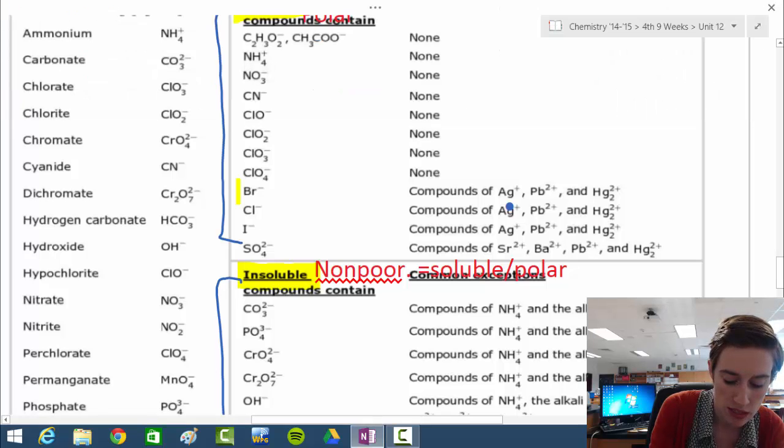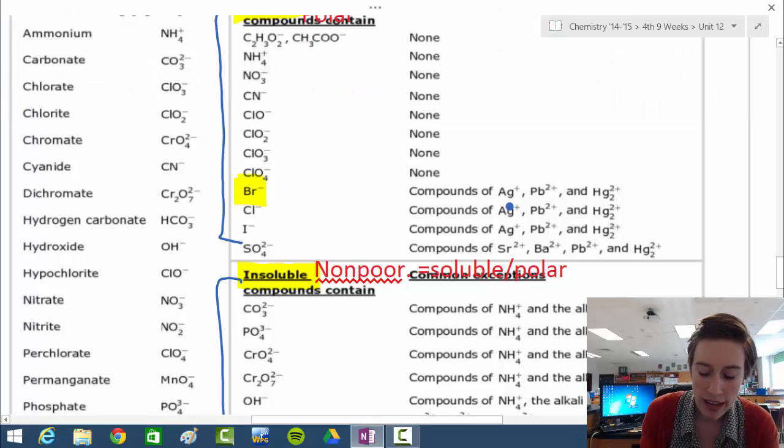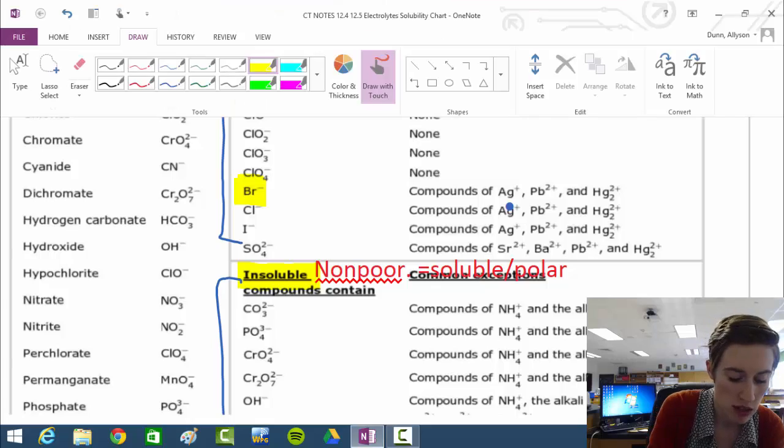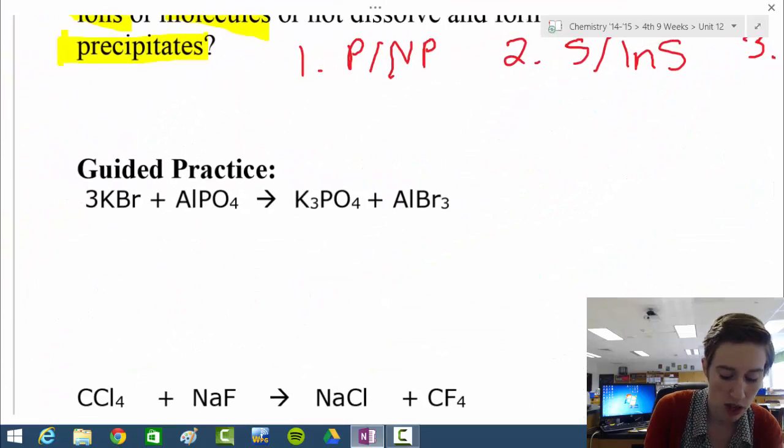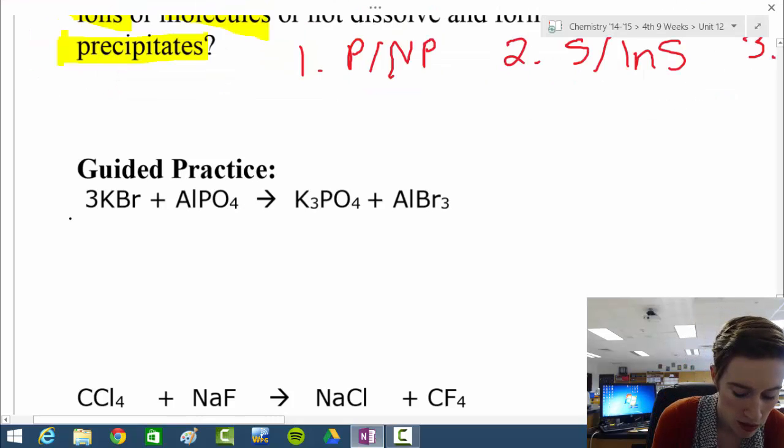So this is the second half of KBr, and it says it's soluble. It's in the soluble list, and K is not one of the exceptions. So that means KBr is soluble, and soluble and polar mean the same thing. So number one, it is polar. Number two, it is soluble.